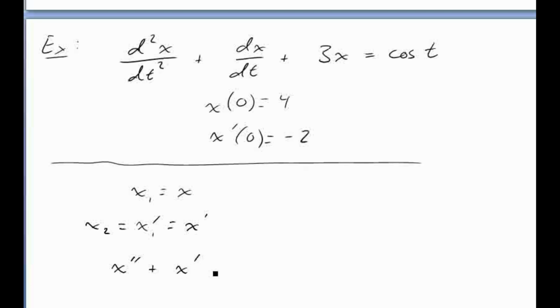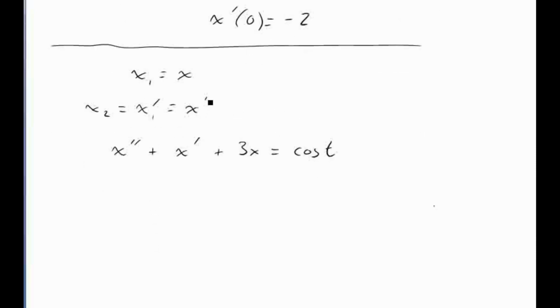X double prime plus x prime plus 3x equals cosine t. Now we can put this in terms of our new friends x1 and x2. So x2 prime is equal to x double prime. So this is going to be x2 prime plus x2 plus 3x1 equals cosine t.